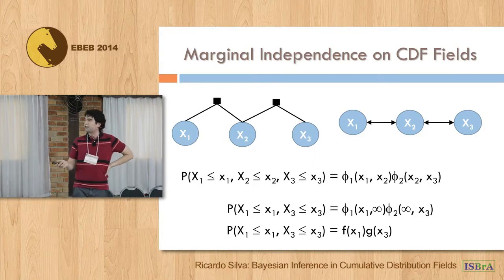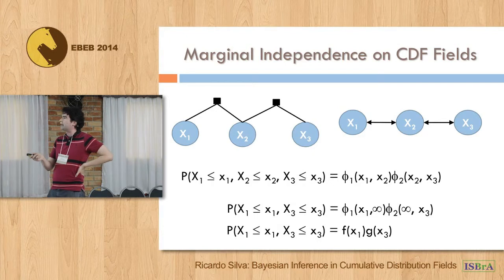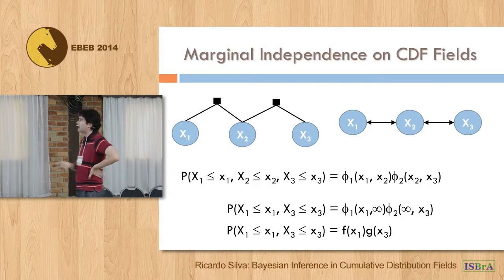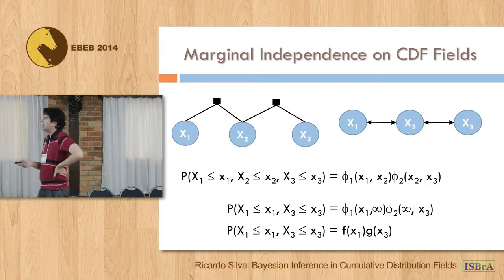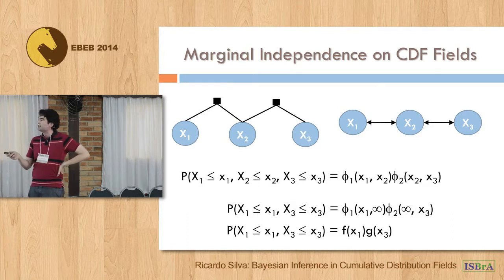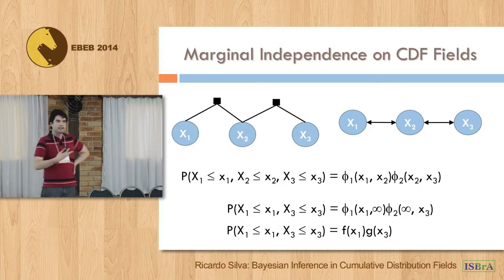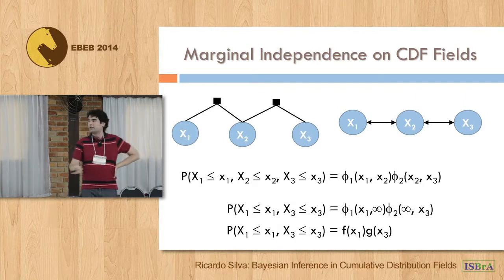For the sake of illustration, imagine you have just a trivariate distribution like this. So you have your CDF given as a factor over x1 and x2, and another factor over x2 and x3. If you want the marginal of 1 and 3, you're marginalizing 2 by evaluating x2 at, say, infinity, the maximum value of x2.